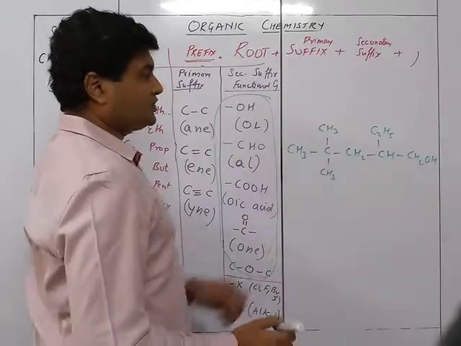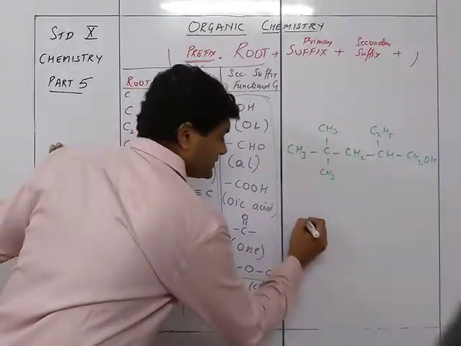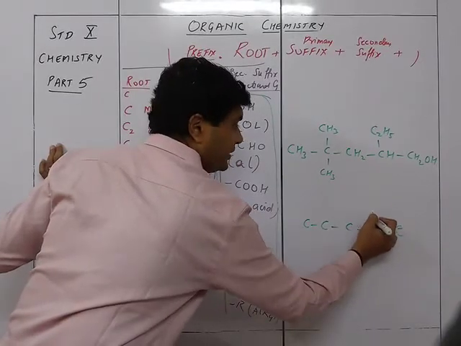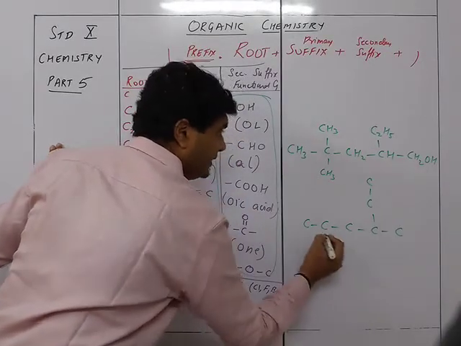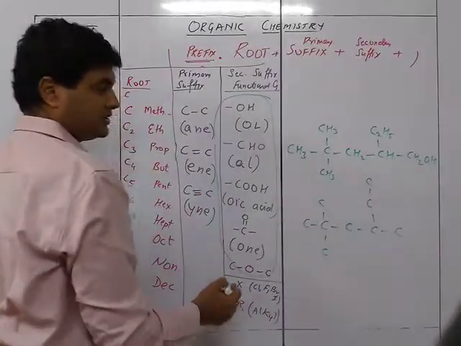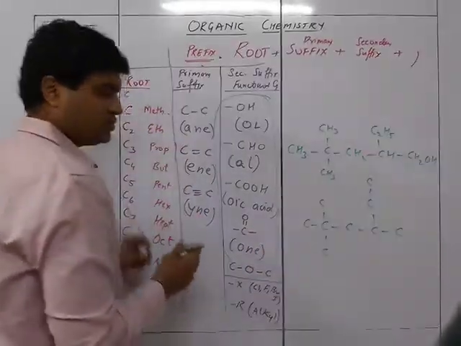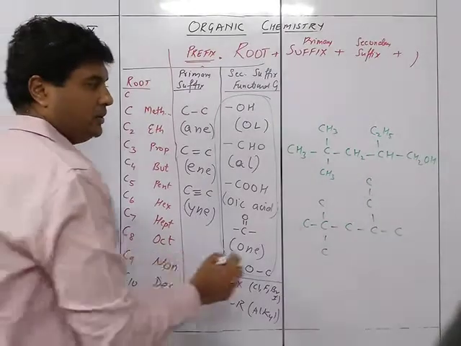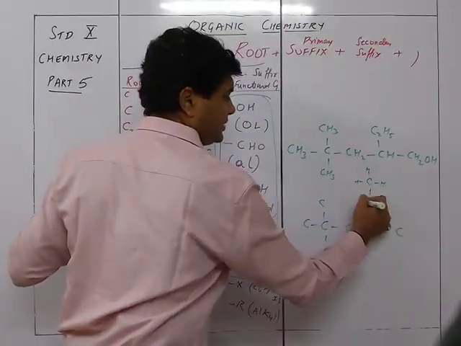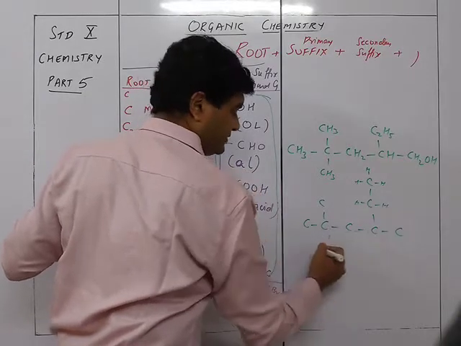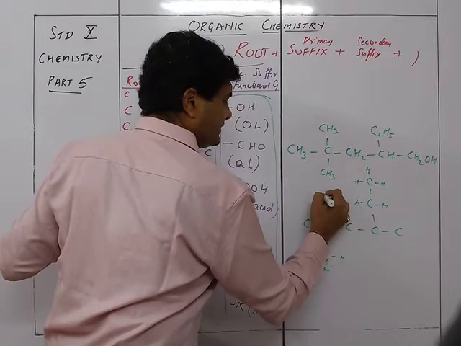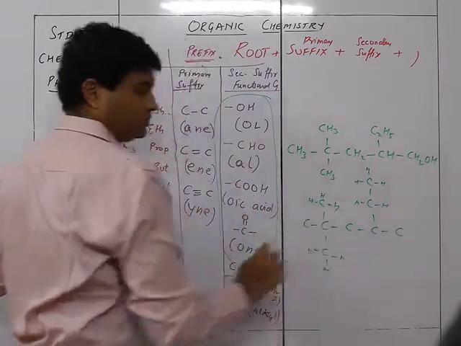Suppose I draw a structural formula of this, what will happen? It will be like this: C, C, C, C, C, here C and C, and here C and here C. Okay, this is the structure. Of course, there will be H on all the sides, so I'm not drawing the H right now. Basically, here one H, here one H, here H, here H, here H, right? Whereas here it is H, H, H. So other H's I'm not drawing right now. So this is the condition.